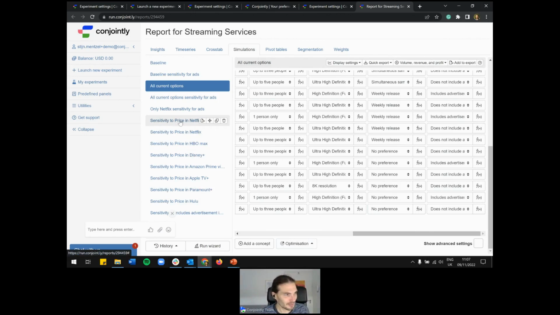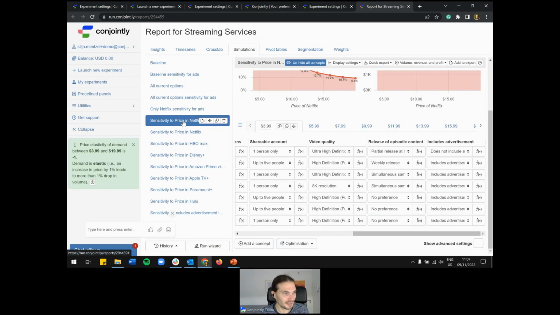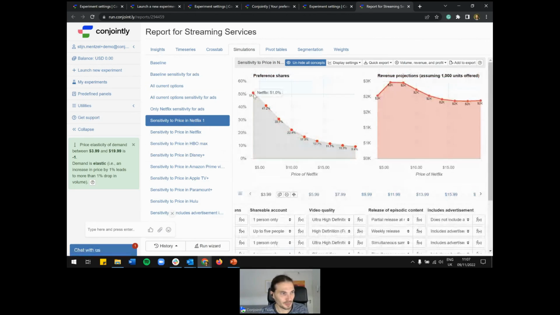We can also look at things like price sensitivity. What price sensitivity basically indicates is what happens to the preference shares if we increase the price. Now this is, I believe, basic Netflix. You can see if you go all the way to $19.99, you're going to lose some preference shares. And this makes me happy and links also to Marek's comment.